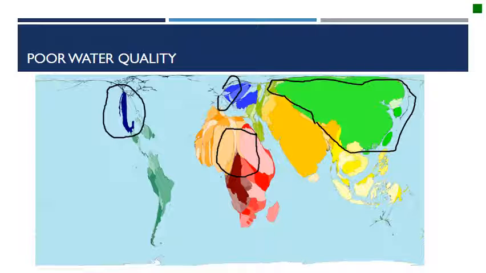Now, here in Western Africa, most of the people living here can access safe water. But in Central Africa, only about 50% of people living here can access safe drinking water.